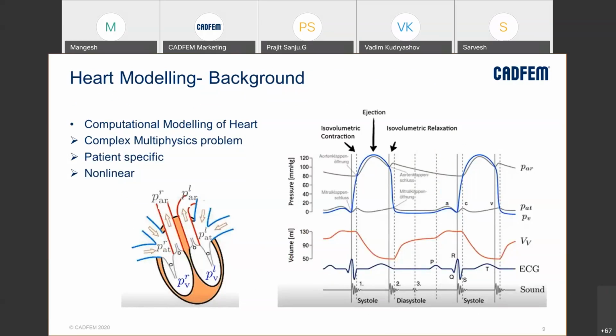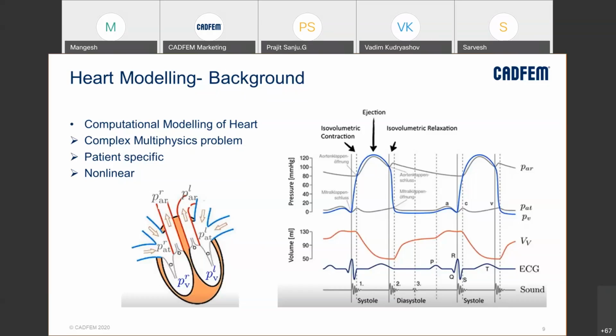So within a heart, actually, we are seeing that there would be expansion and contraction, right? And that too is not actuated by some mechanical device, but it's electrically actuated kind of a mechanism.